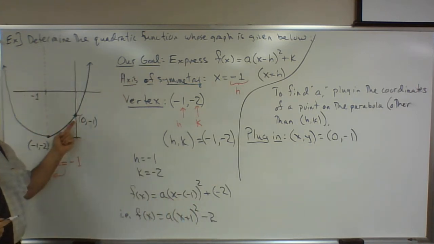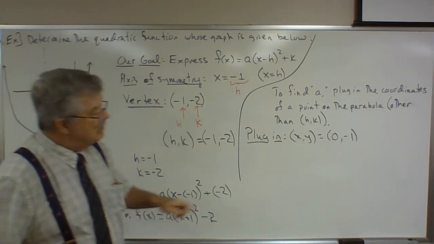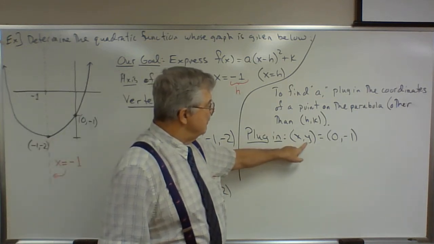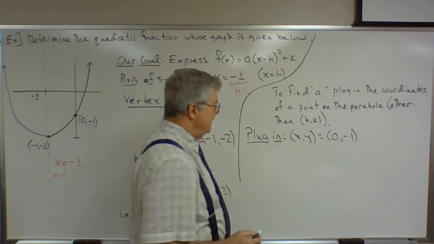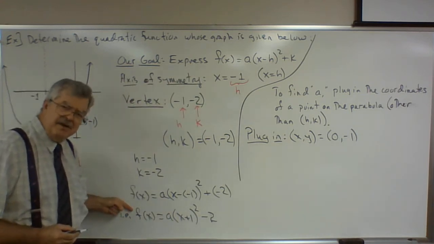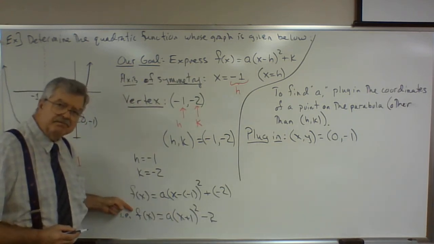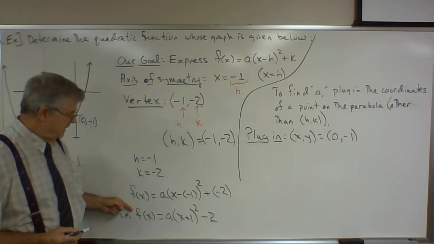This is a known point on the parabola, (x, y) equals (0, -1). Plug these values in for x and y. And by the way, do we see a y in that equation? We don't, do we?